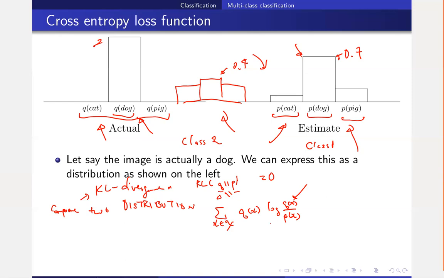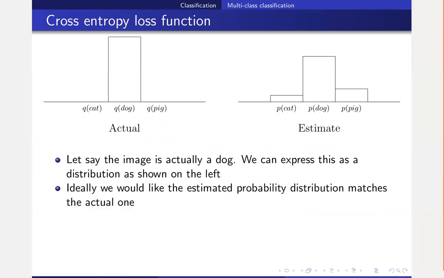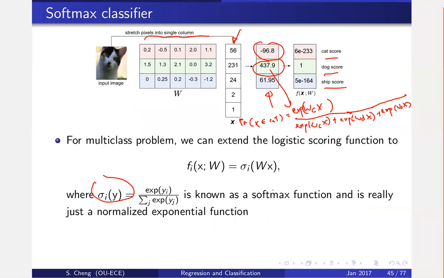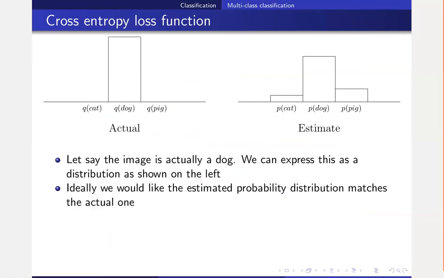Because inside the summation, all the terms will be equal to 0 if q equals p. Therefore, if two distributions are identical, then the KL-divergence is equal to 0. At the same time, we can show that the KL-divergence KQP is always bigger than or equal to 0.